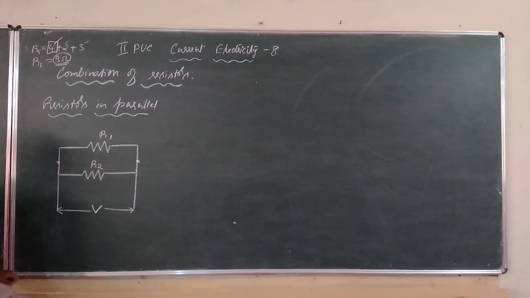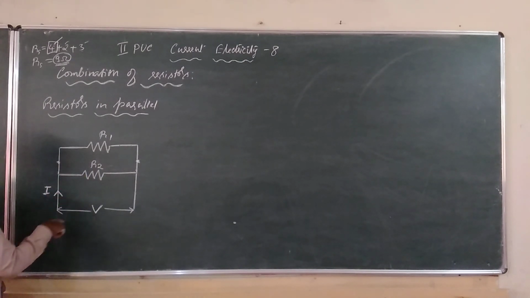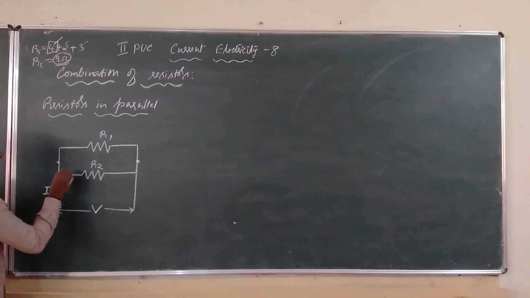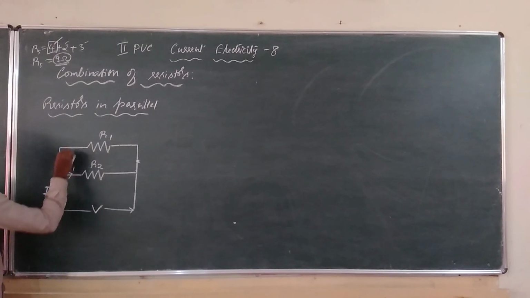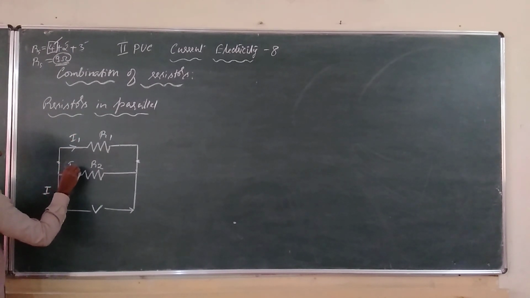What about the current? The main current is I, the current drawn from the cell by the parallel combination of these two resistors. Individual currents: this is I1, this is I2.